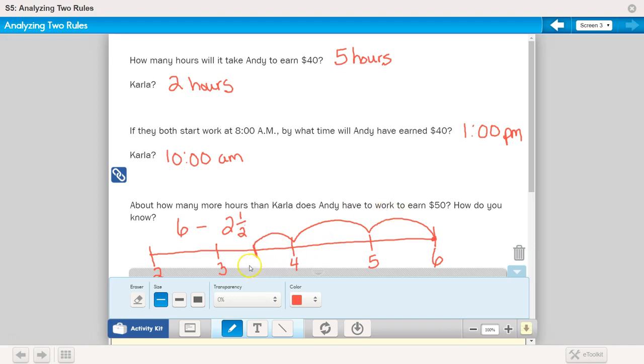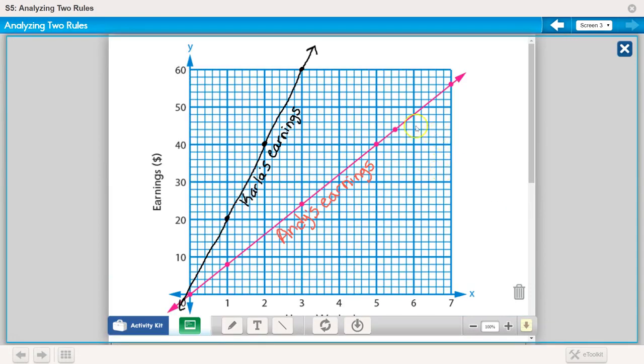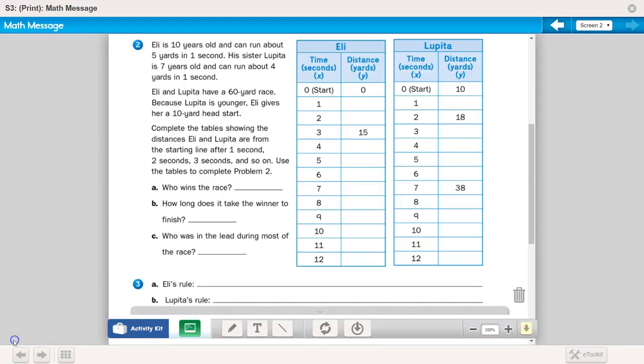So it's going to take Andy between 3.5 and 4 hours, probably a little bit closer to 4, because if we looked at the chart, we saw that it was going to take Andy a little over 6 hours to earn his $50. So a little bit less than 4 hours difference between earning $50 between Andy and Carla.